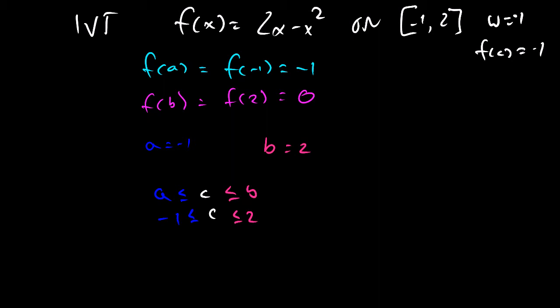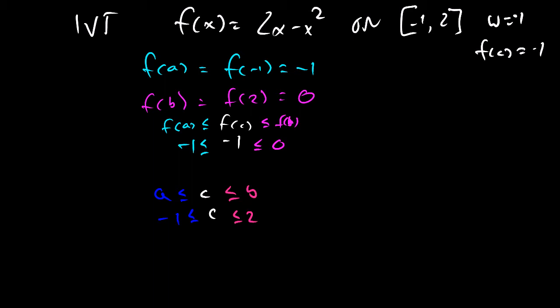And if we look at our function values, then we have our f of a is less than or equal to our f of c, which is less than or equal to our f of b, which is all true because, let's erase this part, our f of a is equal to -1, which is less than or equal to -1, which is less than or equal to 0.